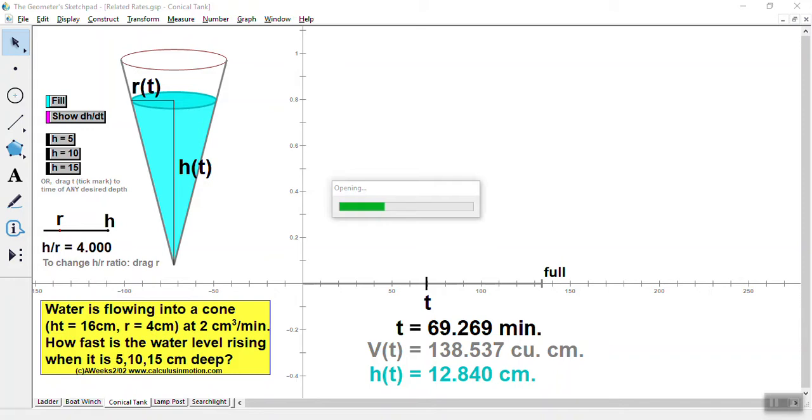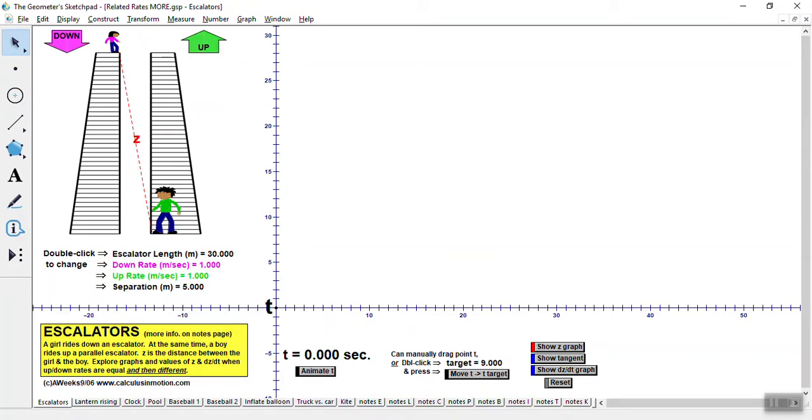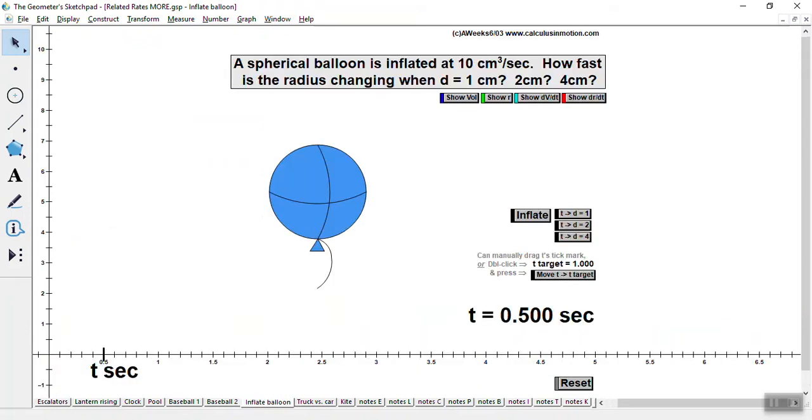Actually, they make those Mylar ones that are now round, right? I'm just talking to myself, guys. Here's your balloon.